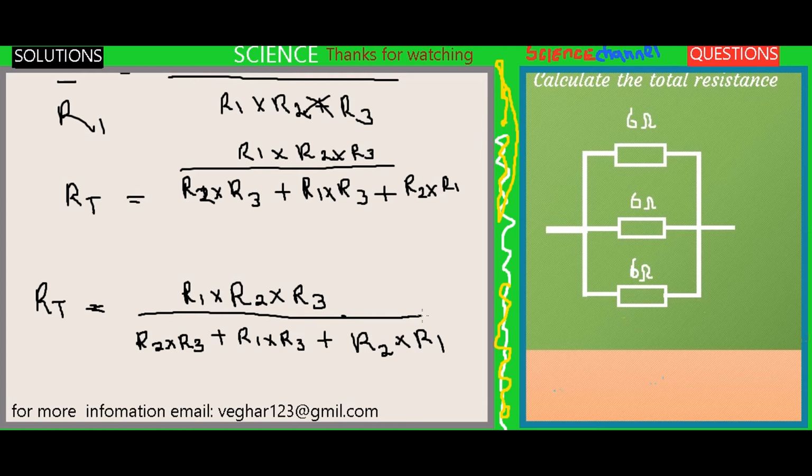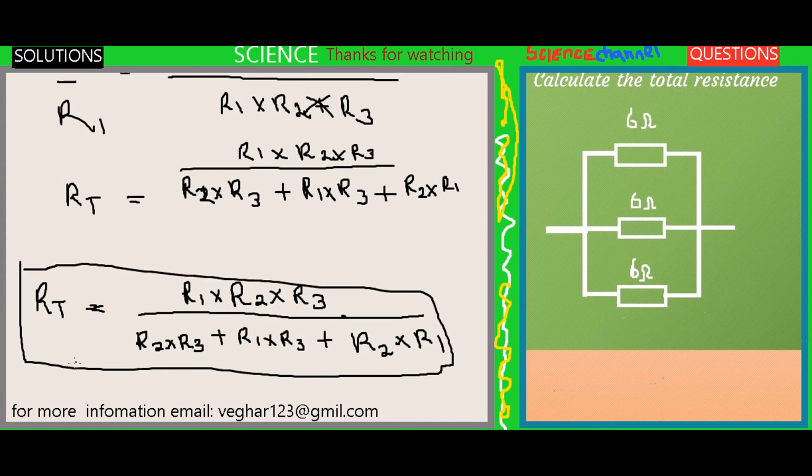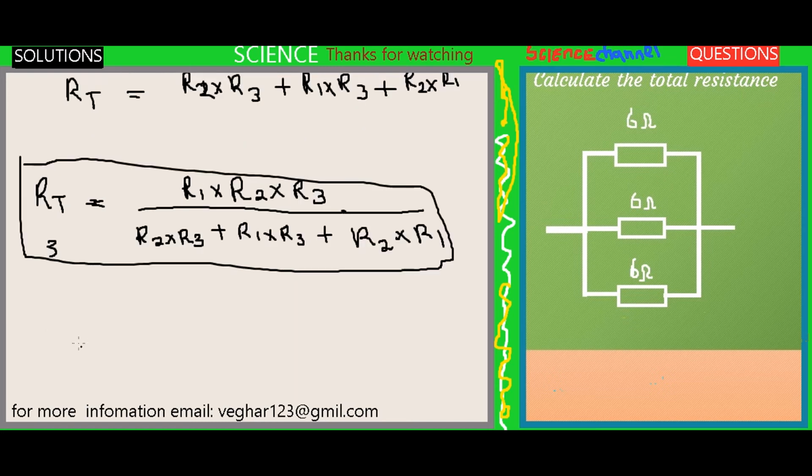So this is how it's supposed to be. So this is the equation we'll use when you have three resistors, not identical, and we'll use the same thing. So let's check for this.